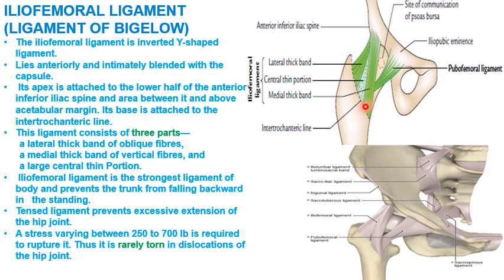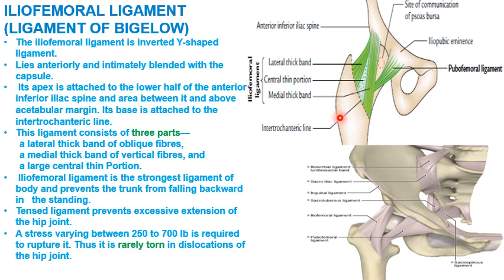So we can say that this ligament consists of three parts: the lateral thick band with oblique fibers attached to the tubercle over the intertrochanteric line, the medial thick band which has vertical fibers and is attached to the lower part of the intertrochanteric line, and the central thin portion which is usually pierced by the ascending branch of the lateral circumflex femoral artery.